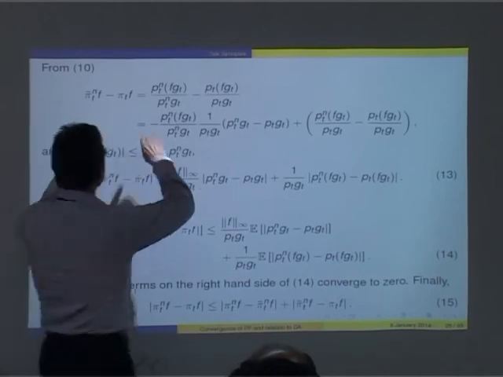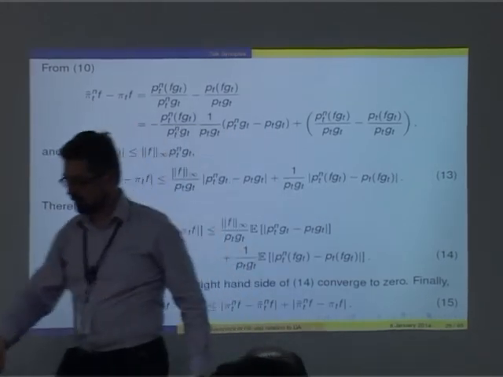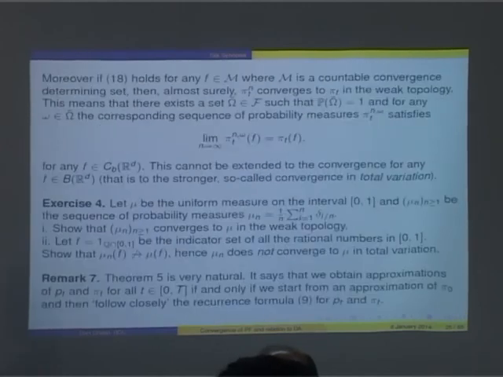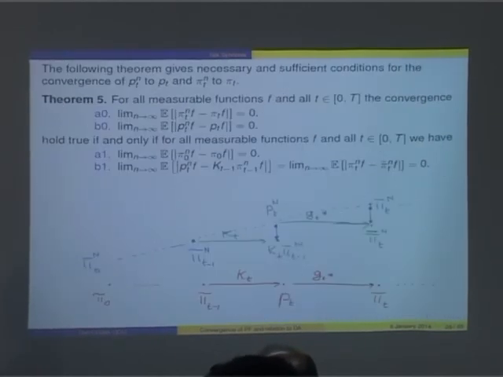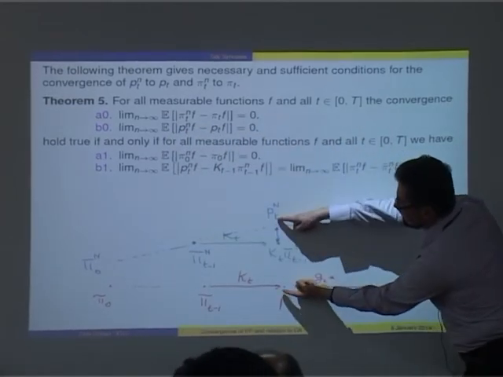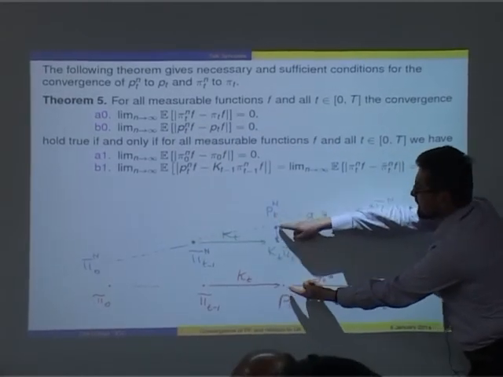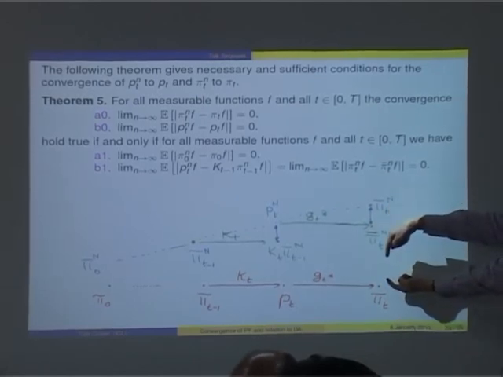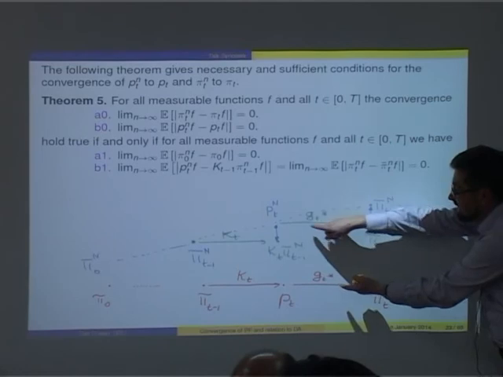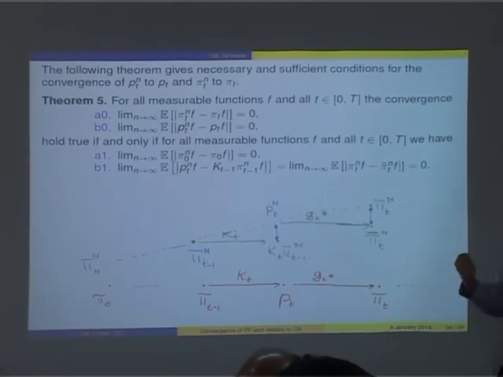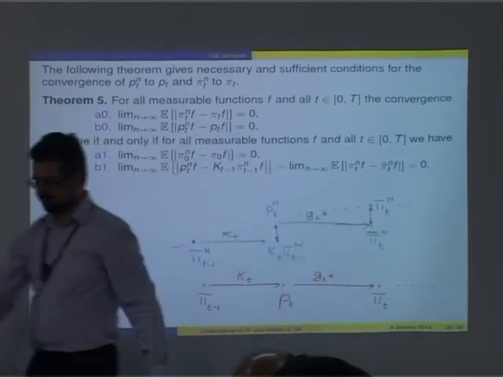What I want to show you now is that if this thing goes to 0, this step also goes to 0, right? That's what I want. And this transformation is not linear. It's nonlinear because of the normalization step.